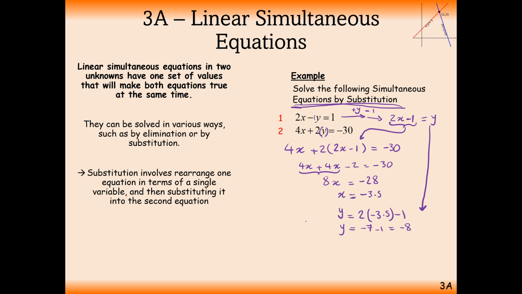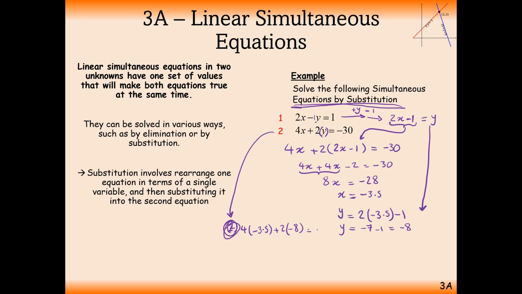So how can we check these values make sense? We just used equation 1, didn't we? So you can check with equation 2. You can say 4 times the value of x that I found, which was negative 3.5, plus 2 times minus 8. I'm just rewriting equation 2 here. That's why I'm putting the 2 inside the bracket. This 2 is not part of the equation, so don't confuse that.